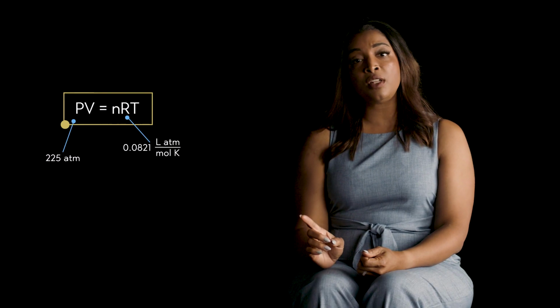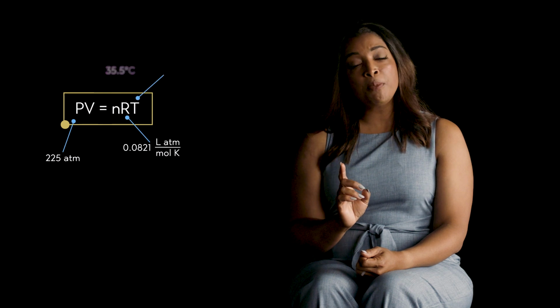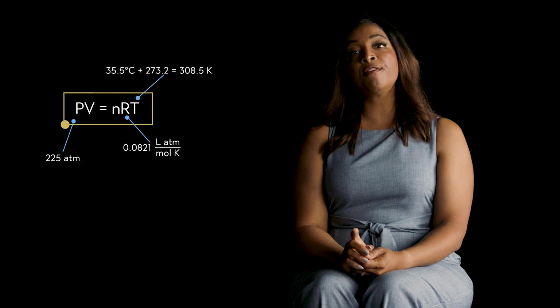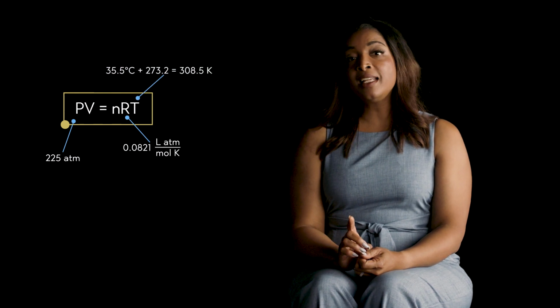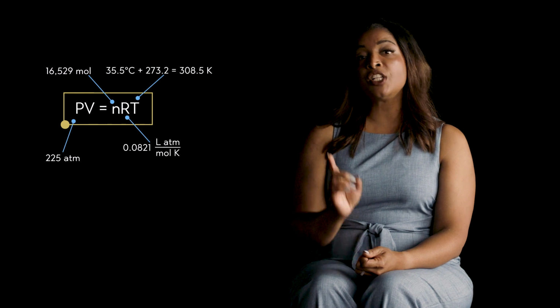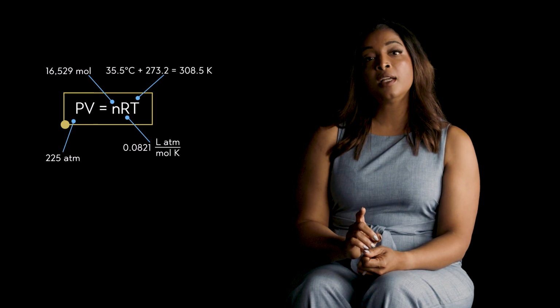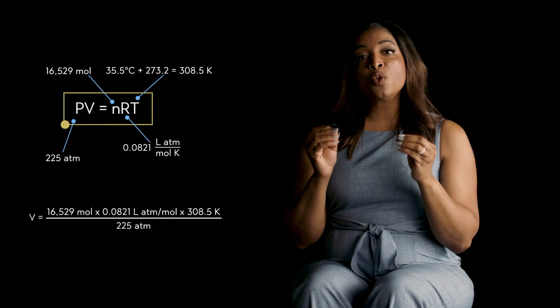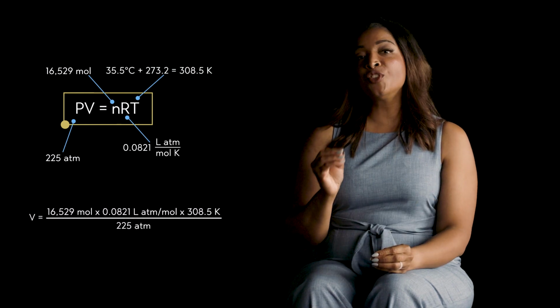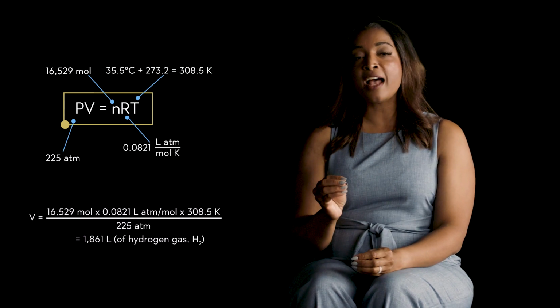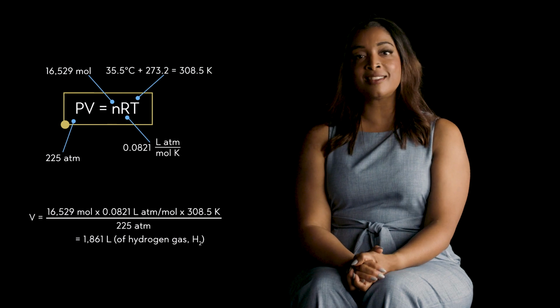In chemistry, we always convert temperature to Kelvin by adding 273. So the temperature becomes 308.5 Kelvin. n is the number of moles of hydrogen that you have just worked out. So plug all the numbers in, rearrange the equation, and you have just worked out the volume of hydrogen gas required, which is 1,861 liters.